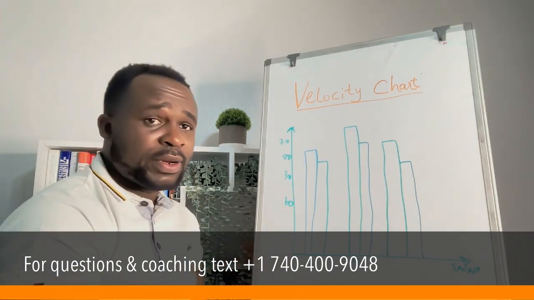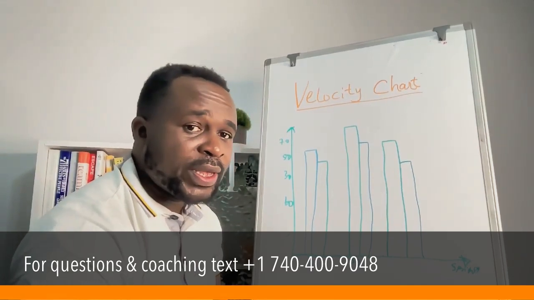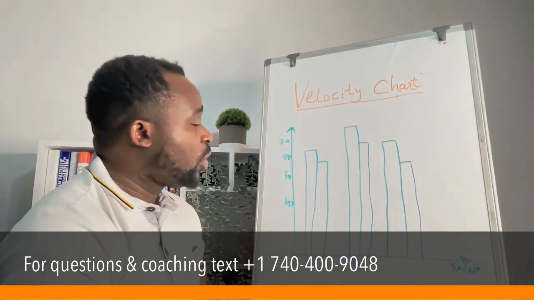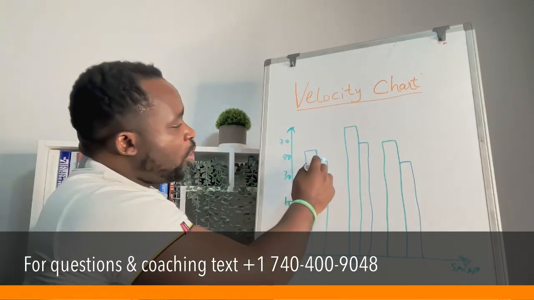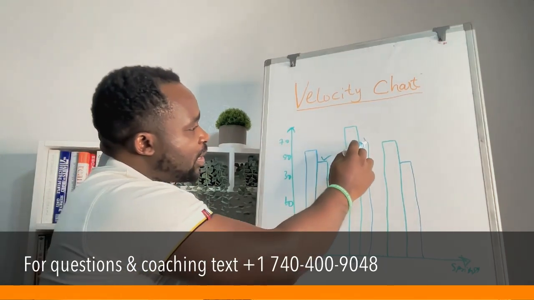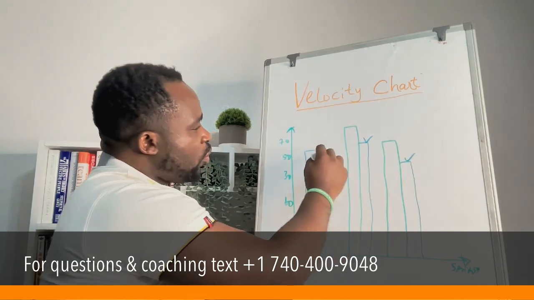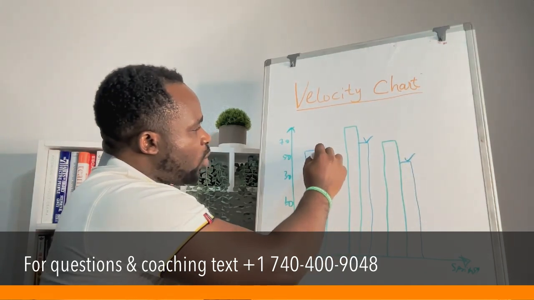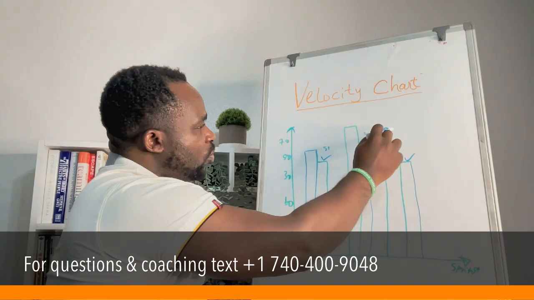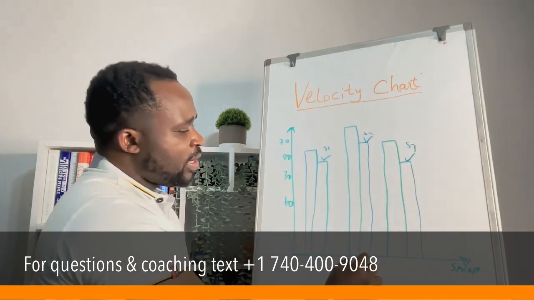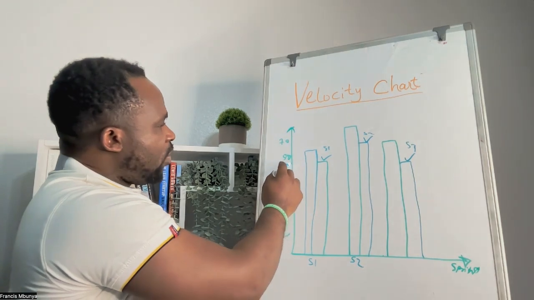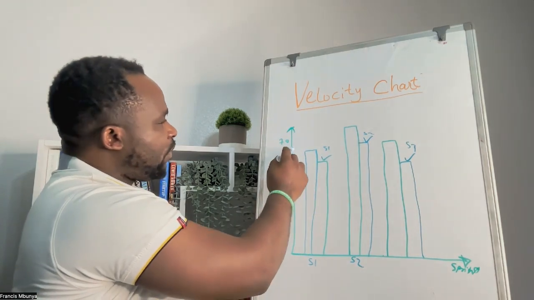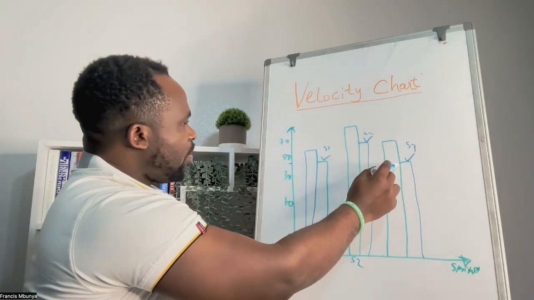Obviously, you need at least 3 to 4 sprints to give an effective measure. Now, the average velocity is how much work your team is capable of completing, which means you're going to add S1 plus S2 plus S3, and you take the average. So here it's about 45, plus here about 50, plus here about 30.